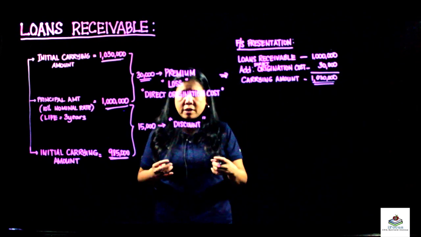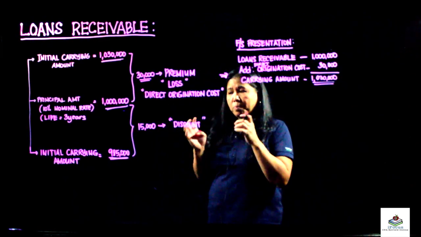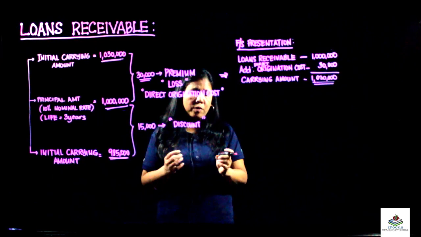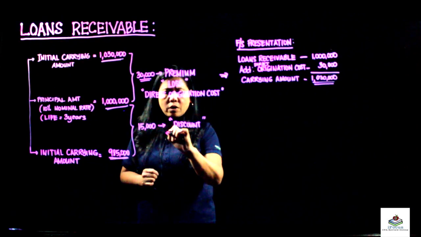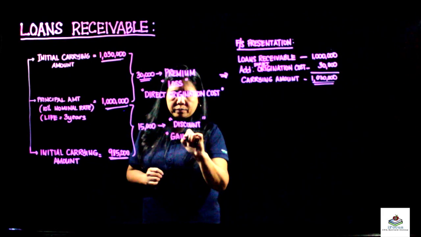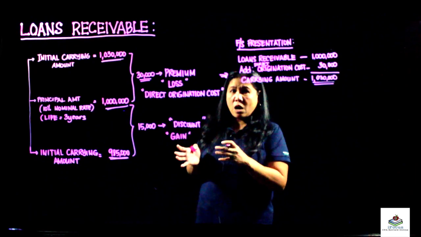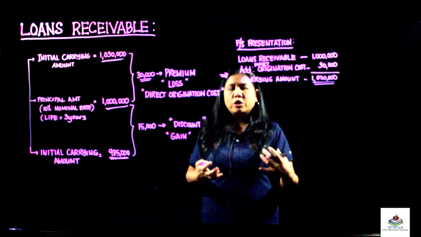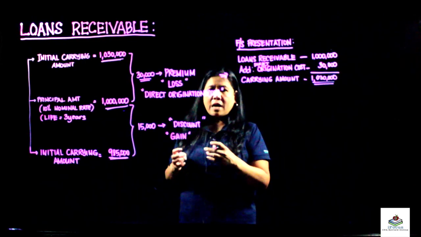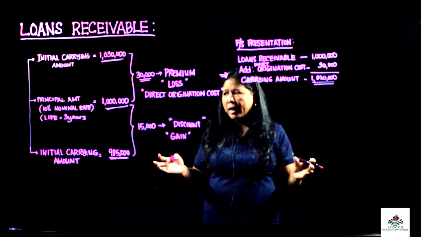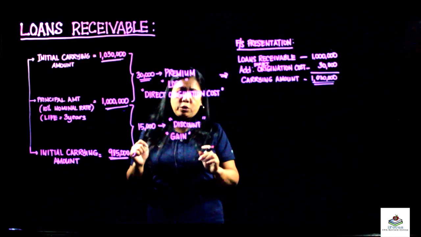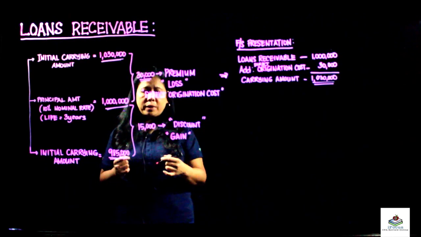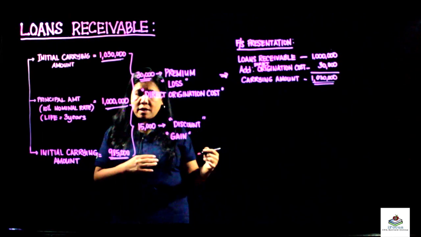The 15,000 discount is as if the bank earns or gains some money on these transactions of granting the loan. So the discount is a gain. But this gain of 15,000 will not be recognized on the date of the transaction or the granting of the loan. This 15,000 will be amortized over the life of the loans receivable, and this discount will be charged into an account called unearned interest income.